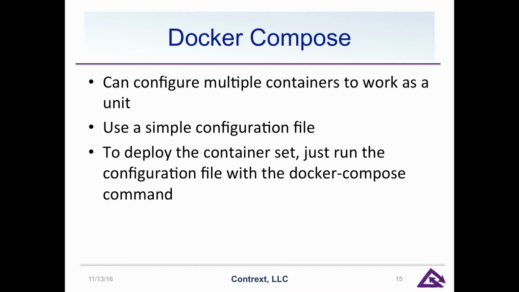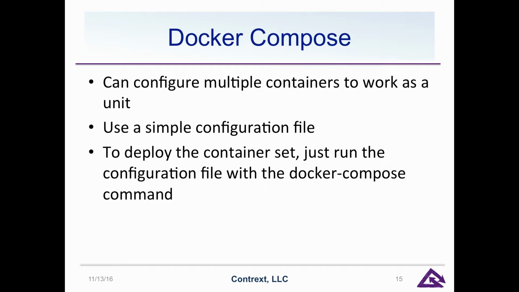Docker Compose, so I mentioned this before, you can configure multiple containers to work as a unit. So for example, in the DITA for Small Teams case, I have BaseX, I have GitLab, I have the DITA Open Toolkit, I have a web server, all working together, each one in a different container, but they're coordinated. So they know about the volumes that they use, and if they're on specific ports for the network connections, they know about that.